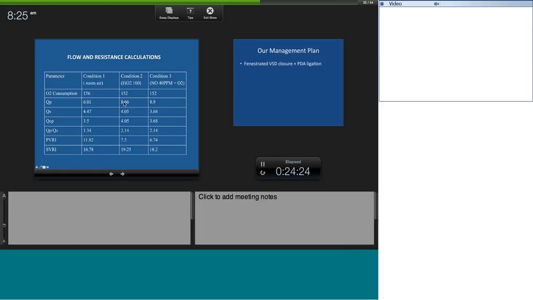It becomes 8.6, becomes 8.9 on nitric oxide. QS 4.4, and more or less doesn't change too much. So the QP-QS ratio goes from 1.3 to 2.1. PVR comes down to 6.7 on nitric oxide.